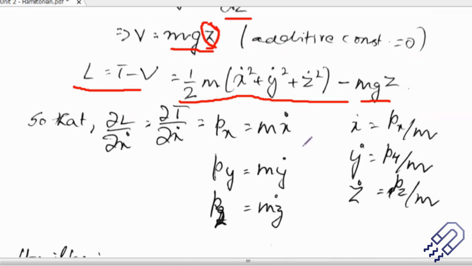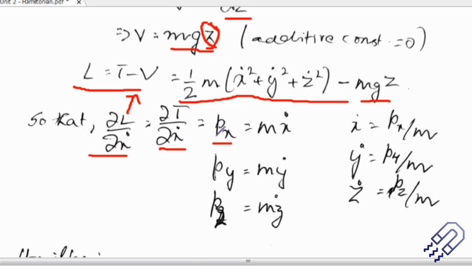Simply we write that del L del x dot is equal to del T del x dot, because L is T minus V and del V del x dot is nothing but 0. So it's del T del x dot, that is, the rate of change of the kinetic energy with respect to the velocity component, the x dot component, which is nothing but the momentum px.